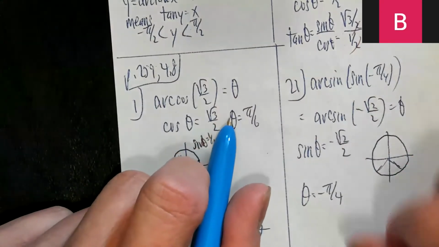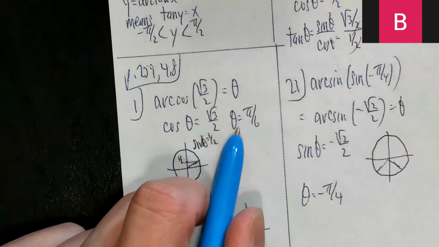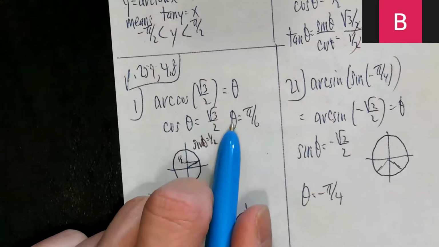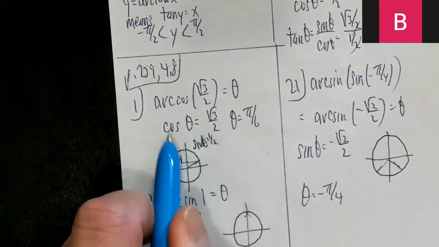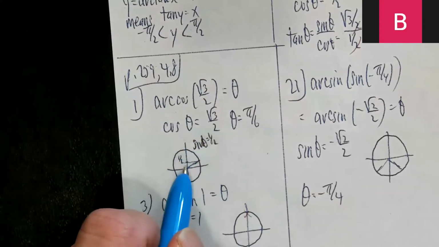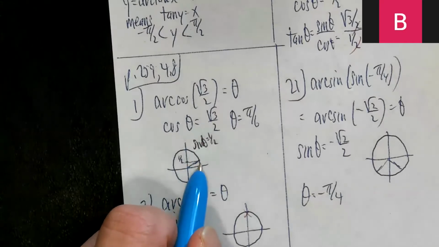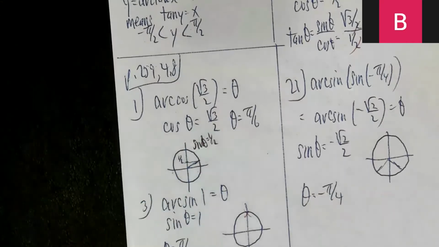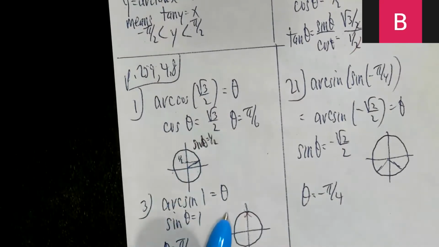So theta is pi over 6. It's the one and only angle which makes this a true statement. Now, there is another angle where cosine of theta is radical 3 over 2. That's down here. But if you're between 0 and pi, which is the reason it was defined that way, there is only going to be one angle, that angle being pi over 6.